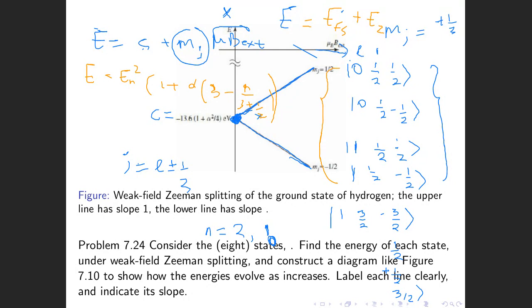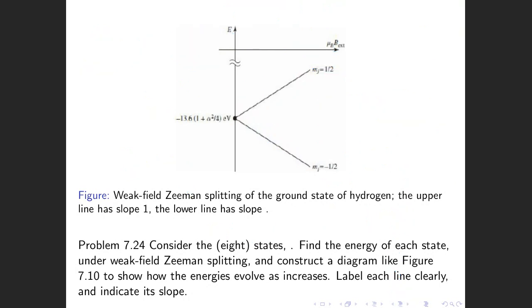Let me just clear everything. Right. So remember, for this type of problem, you just have to find the fine structure. For just 4 states, the fine structure is going to be given by minus 13.6 divided by 4, times 1 plus alpha squared over 4 times (2 over 1 minus 3 over 4).